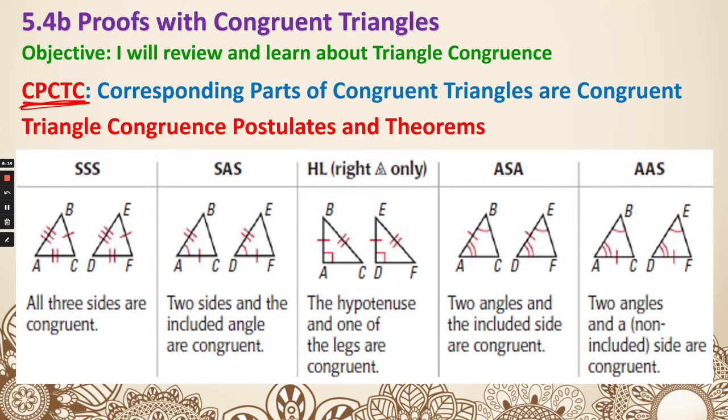And here are all the triangle congruence postulates and theorems. And we can only use these given five: SSS, SAS, HL, ASA, AAS. These are the ones. Now let's have a look at how we can use these to justify if two triangles are congruent or not.